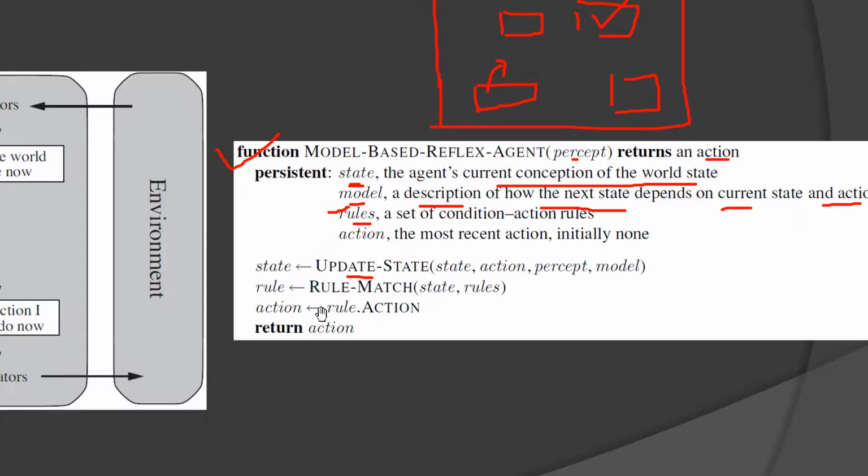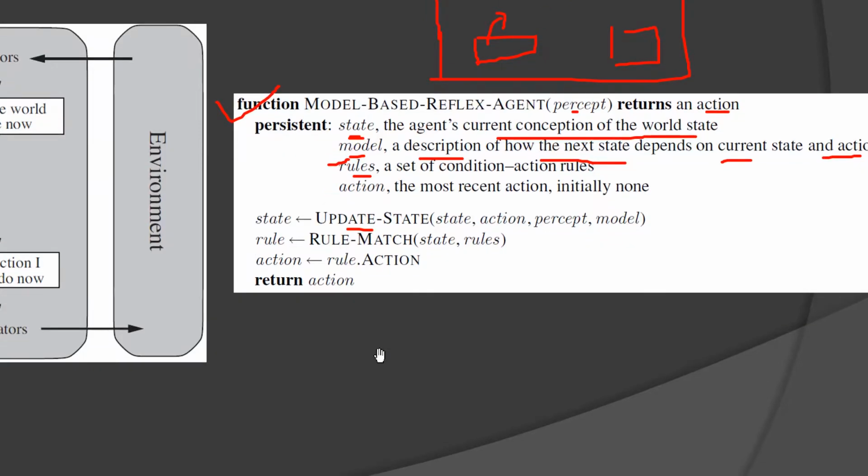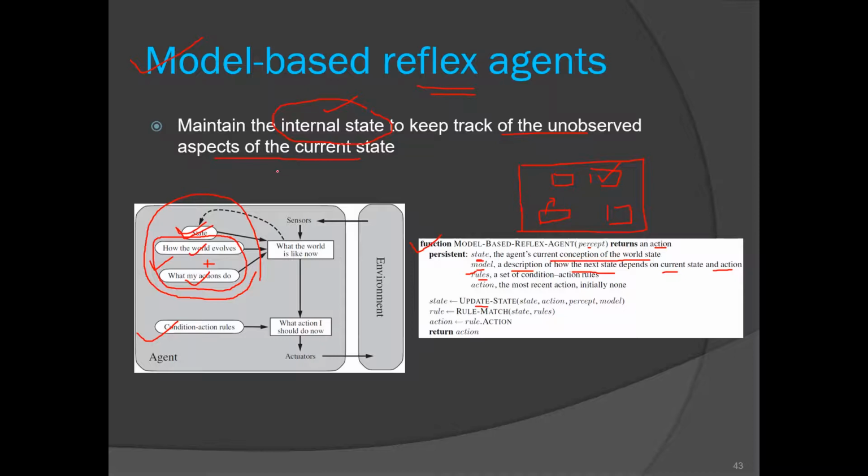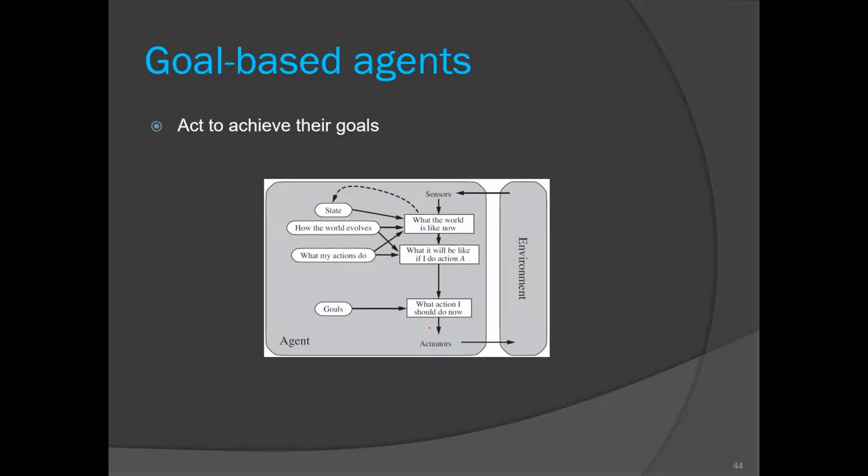Then the rest of the part will be same. For that state, using the rules, he will get the rule and return the corresponding action for that rule. So this is the model based agent. In order to handle the unobservable aspect of the current state, he has to maintain a state and the model. So this is the model based reflex agent.